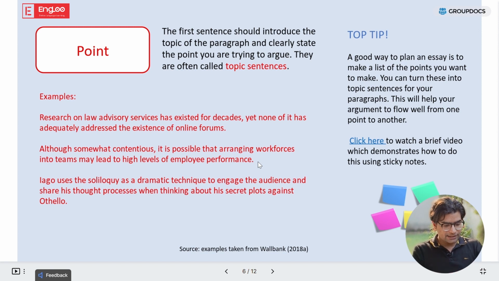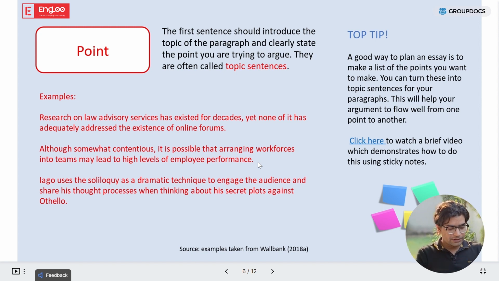As you can see, research on law advisory services has existed for decades, yet none of it has adequately addressed the existence of online forums. Now this is the first sentence, which is also the title sentence of this paragraph.